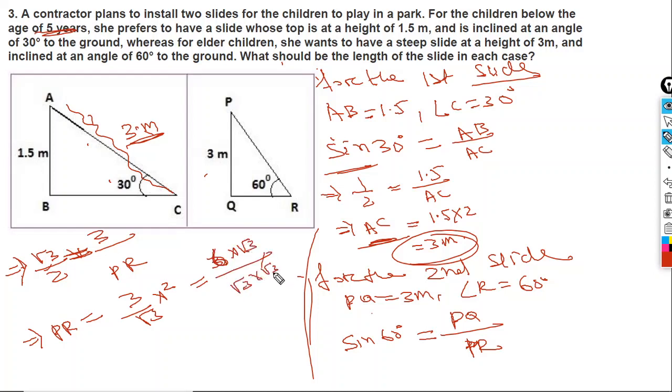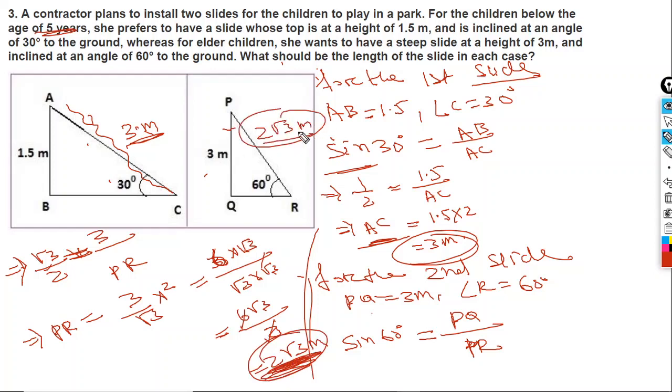Rationalizing it, 6 root 3 divided by 3, then it will be cancelled, which will be equal to 2 root 3. So 2 root 3 meter you can write. So this is the length of the second slide, 2 root 3 meter. Okay, so we have solved question number 3.